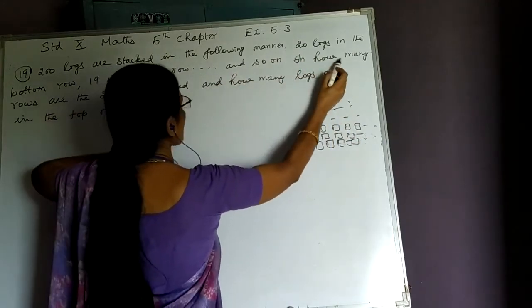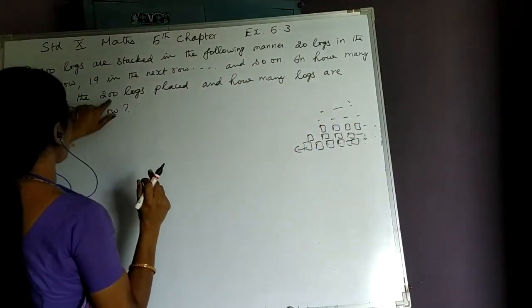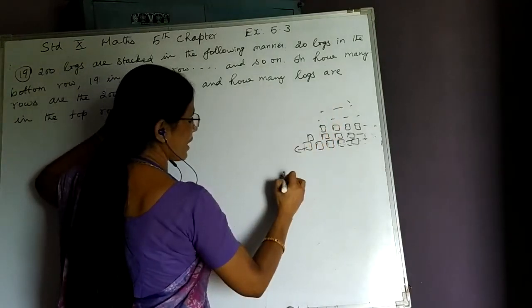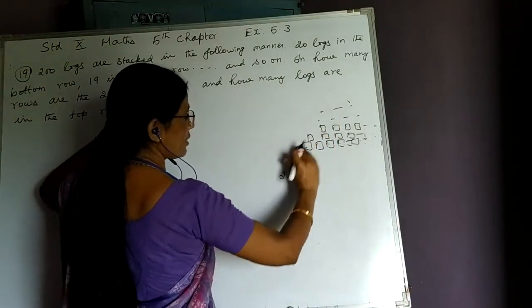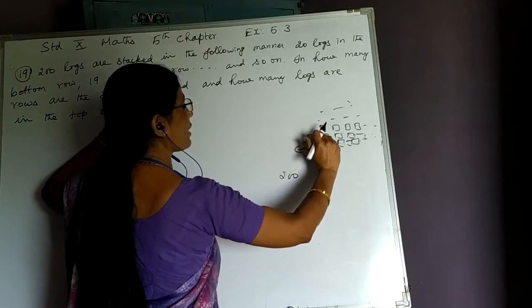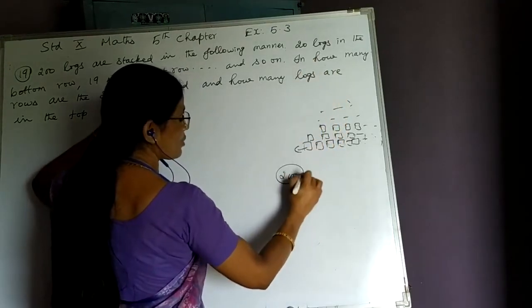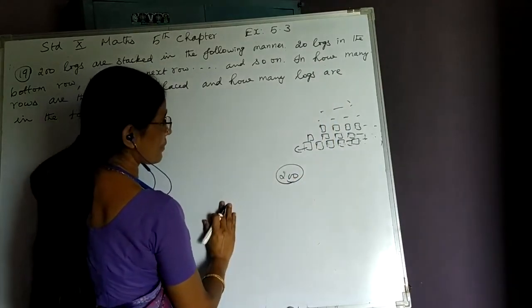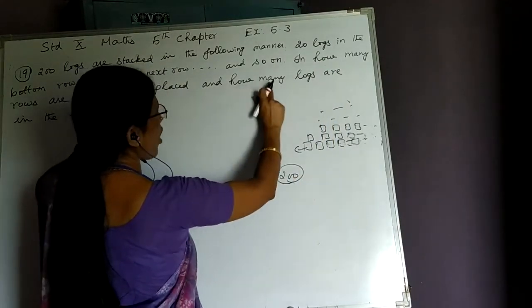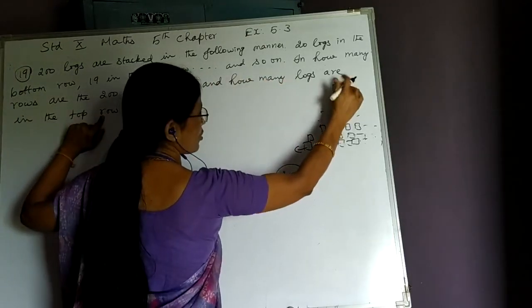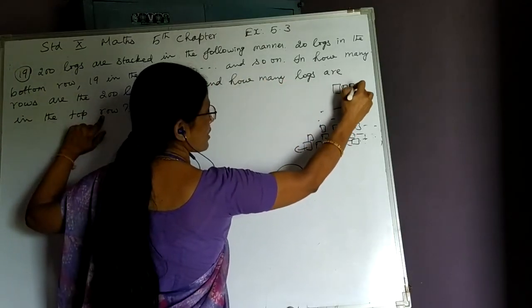The question is, how many rows are there with this 200 logs? Total number of logs we have 200. So in this manner, starting with 20, 19, 18, like that, how many rows can be arranged with this 200 logs? And the second question is, how many logs are there in the topmost row? How many logs are arranged here?